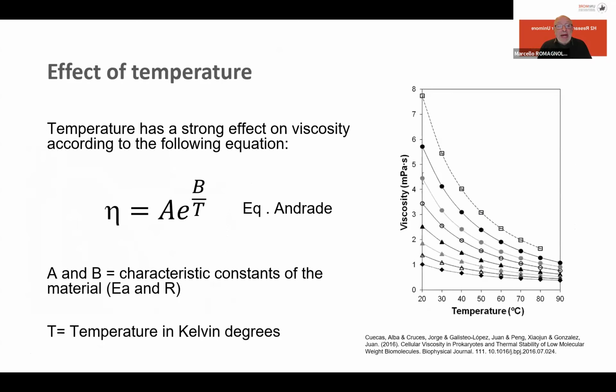This is another important aspect: the effect of temperature. We know that the temperature strongly affects the viscosity, both in the slurries and in the case of the glazes during the firing. And we know that the relationship is exponential, like this one.